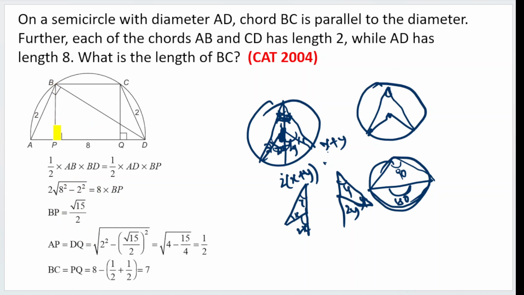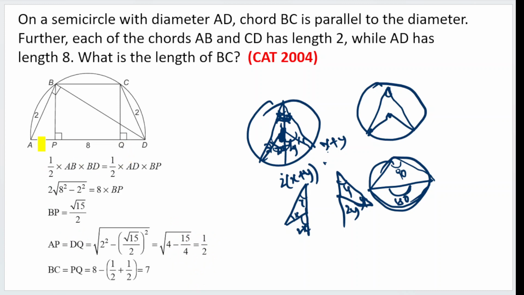Now, once we get BP, we can get AP. How? ABP is again a right angle triangle. So AP square plus BP square is equal to AB square. AP is under root 2 square minus root 15 by 2 square, that is 4 minus 15 by 4, so we are getting AP as half.